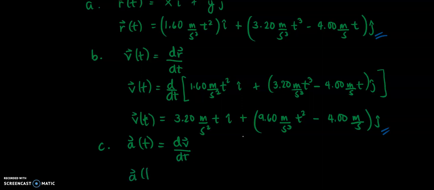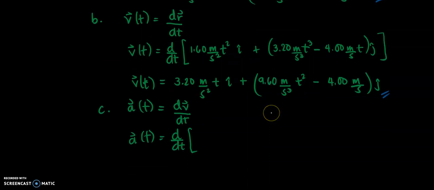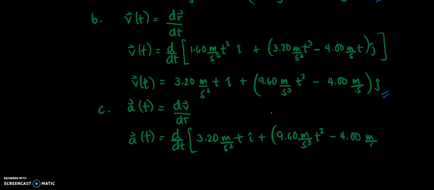So we have a of t is equal to the d over dt of the velocity, that is 3.20 meter per second square t i hat plus the quantity of 9.60 meter per second cube t square minus 4 meter per second j hat.